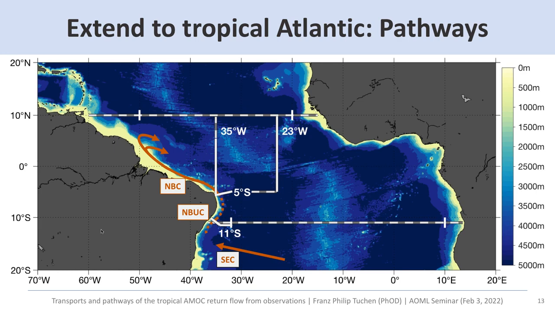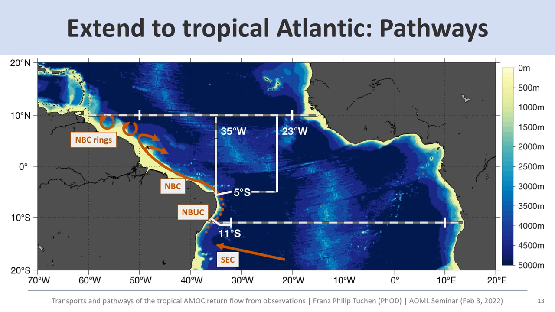Because first we can say what is happening to the North Brazil Current. Once it is surface intensified and becomes the NBC, it crosses the equator and becomes unstable at some point.